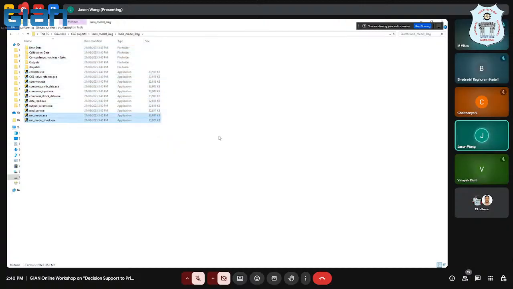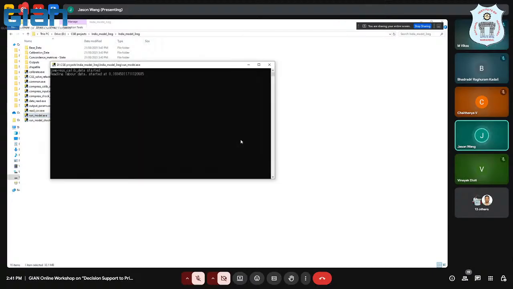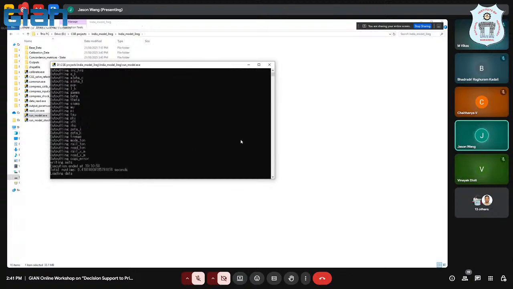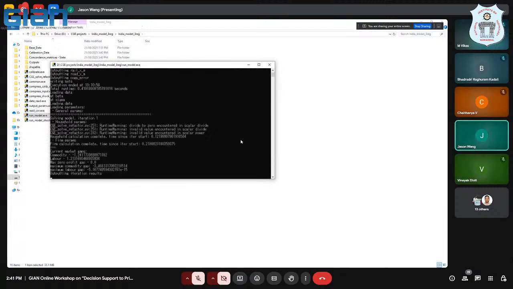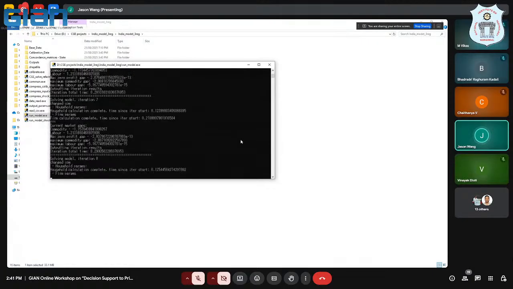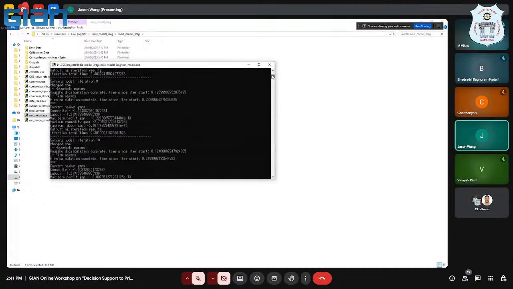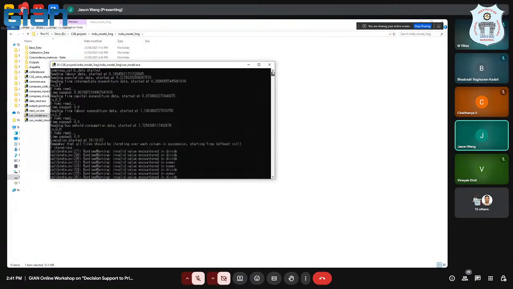Just as a quick demonstration, if I were to run the model, it'll open up a screen, do a bunch of calculations, and go through the process of running the model. I'm going to stop it for a moment here. You can see there's a bunch of output messages in the command prompt window.